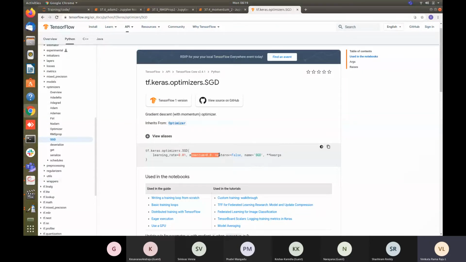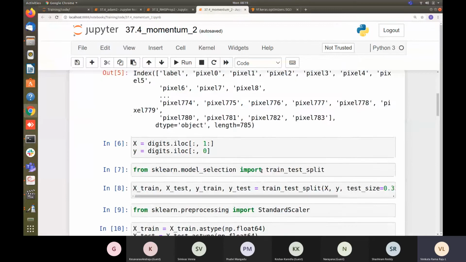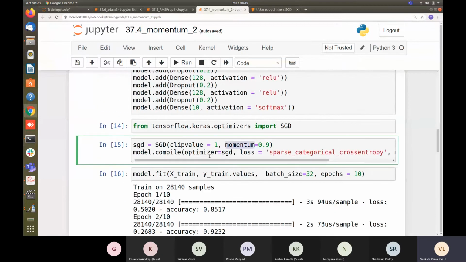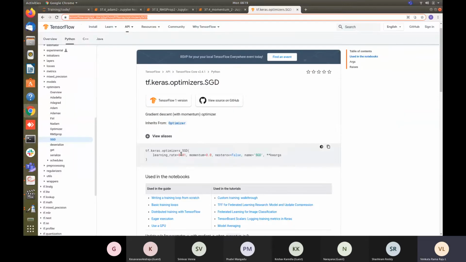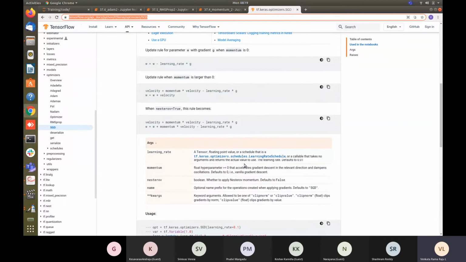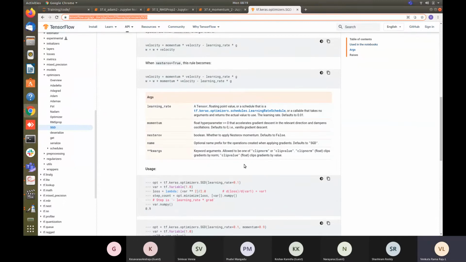Previously, we used to have a separate class for momentum. Did I use that? Yeah, SGD only. I have set momentum to 0.1. The clip value I need to talk about. I think they took out clip value. Okay, clip value is there. I'll explain that. So momentum we can do with the SGD class only.